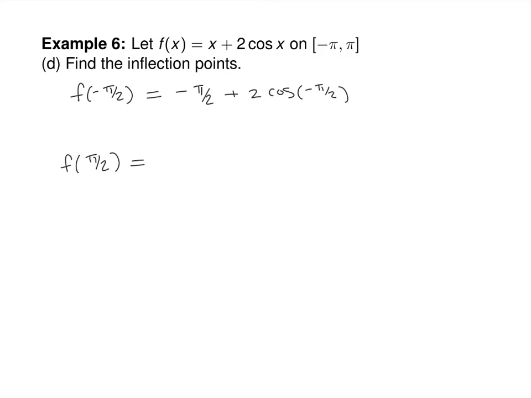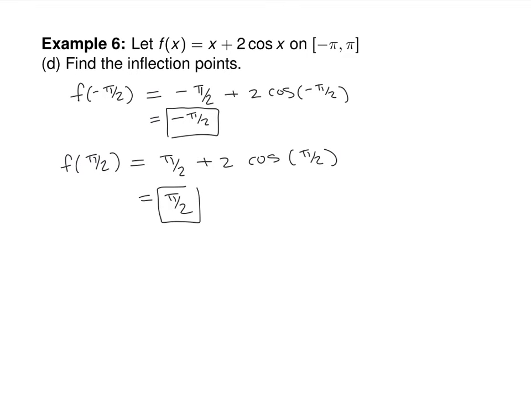And this one is positive pi halves plus 2 cosine pi halves. Isn't it just pi over 2? I think this one's just negative pi over 2, and that one's just pi over 2. Because cosine of both those half pis is 0, isn't it? Okay, so those are your inflection points. There's that one, and there's that one, or the y coordinates.